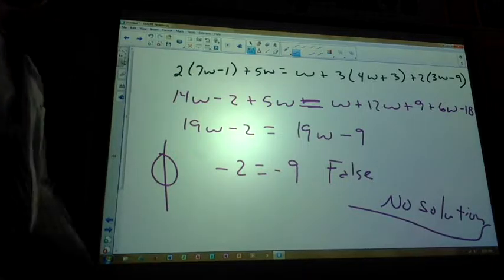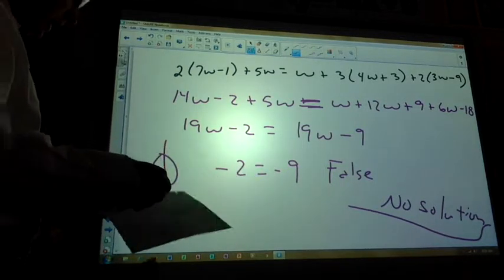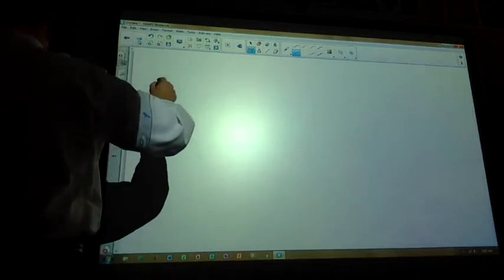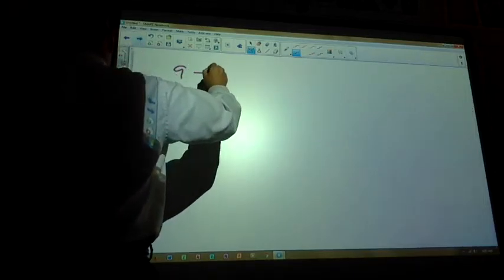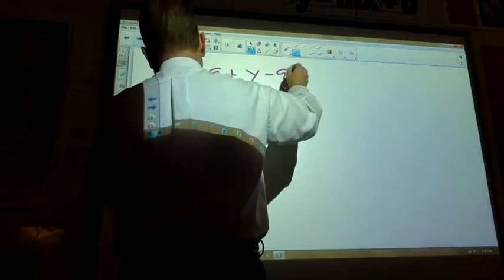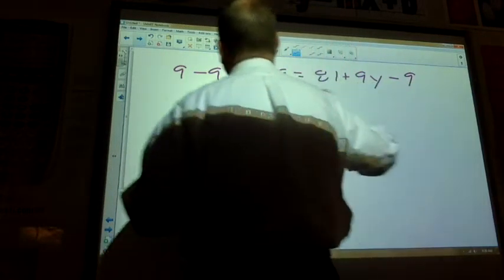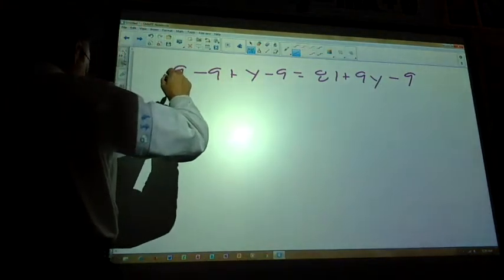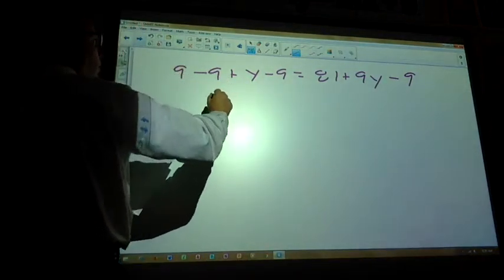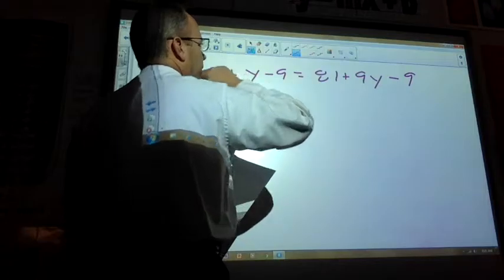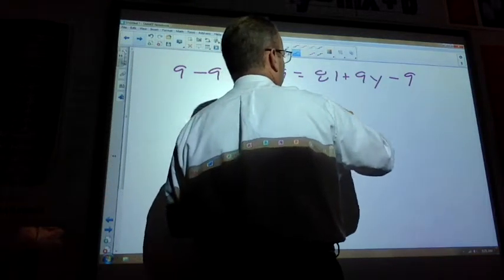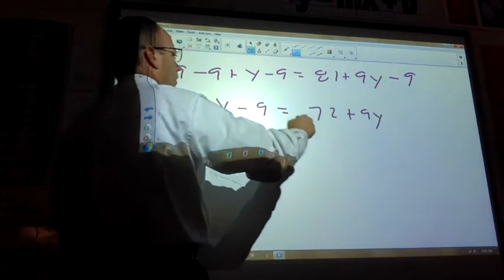All right. And then last one, what we got? I'll just write it out. Negative 9 plus y minus 9 equals 81 plus 9y minus 9. Ooh, y minus 9 over here. 72 plus 9y over here.